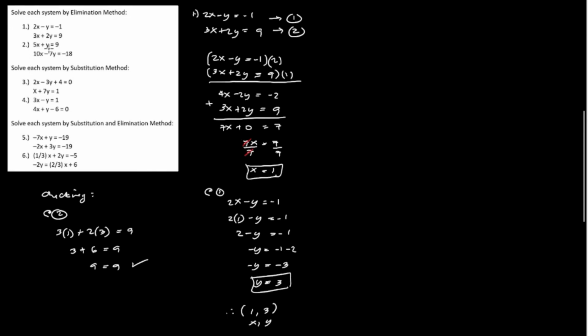Example number 2: 5x plus y is equal to 9, and 10x minus 7y is equal to negative 18, using elimination method. So number 2, 5x plus y is equal to 9, and 10x minus 7y is equal to negative 18.